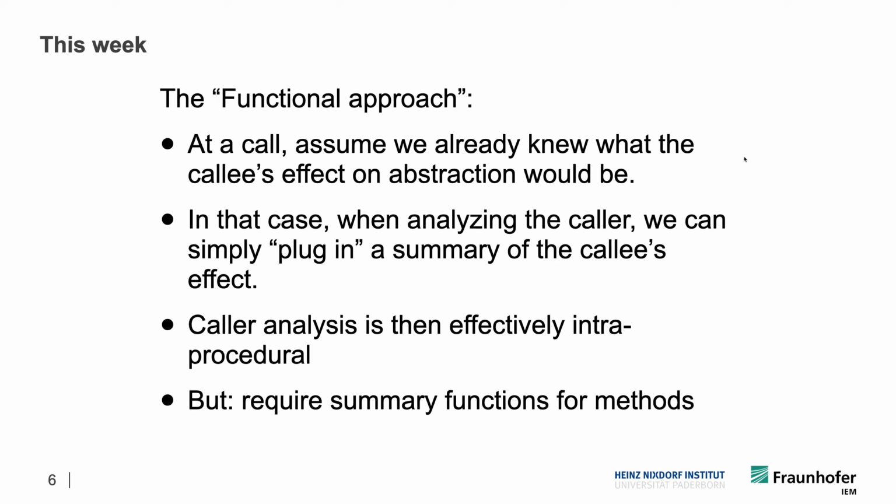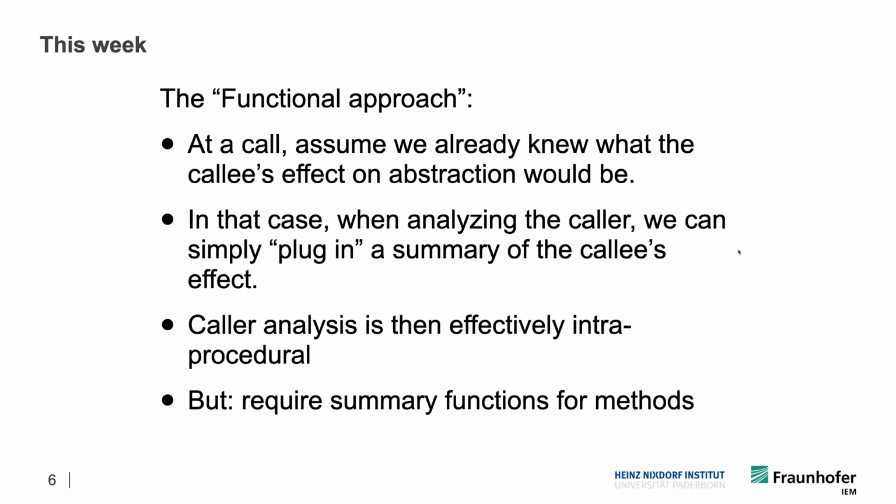Okay, so we assume that we have already somehow pre-computed what is the effect of the method that we are calling there. And under that assumption, then when analyzing the call within the caller, we can simply plug in a summary of the callee's effect.